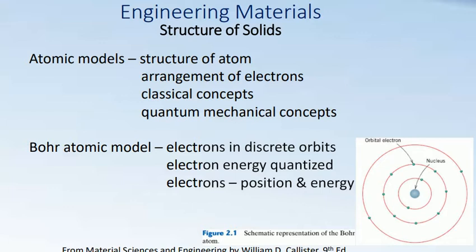In this we have developed classical models. These are called classical concepts, and then we will bring in quantum mechanical concepts that update these classical concepts to answer certain questions about electrons and their behavior that were not answered in classical concepts.